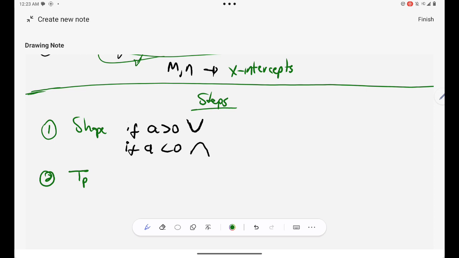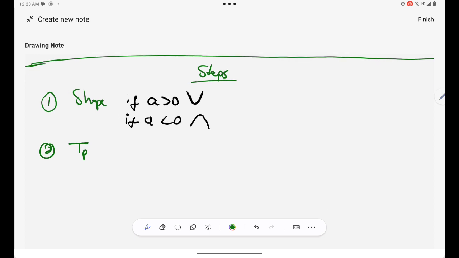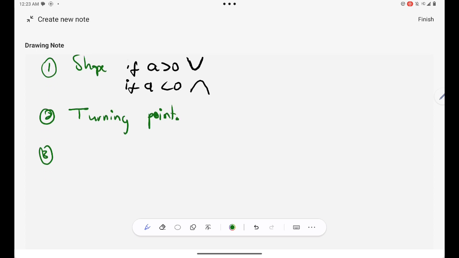Are we together? I'll talk about the turning point right now. Just find the turning point and plot it. Then step number 3, you must find your x-intercept.